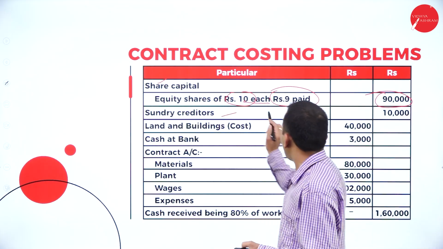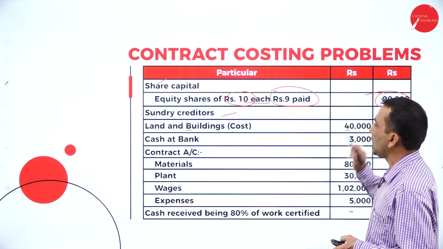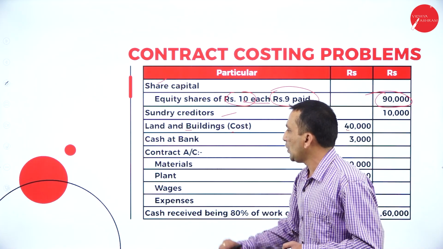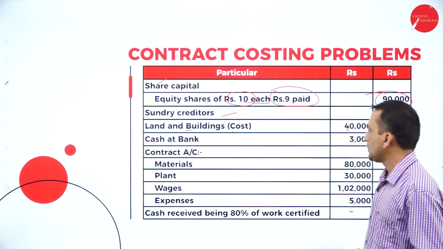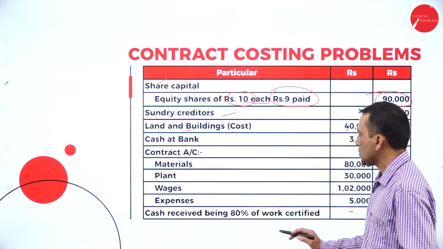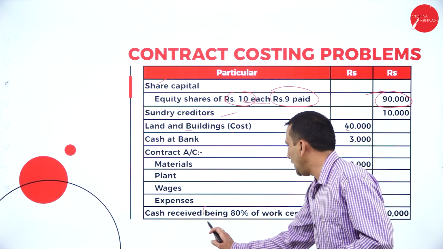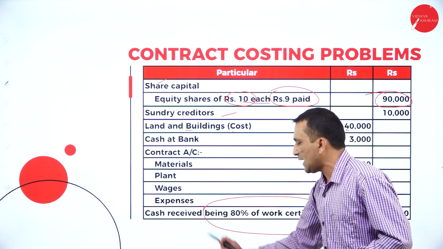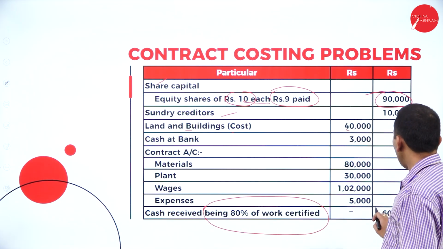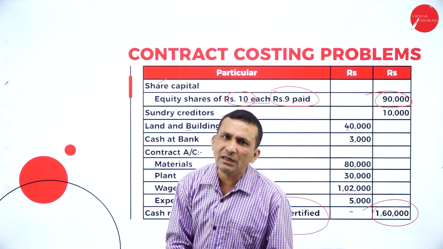Now sundry creditors 10,000, land and building cost 40,000, cash at bank 3,000, contract account material 80,000, plant 30,000, wages 1,02,000, expense 5,000, cash received being 80% of work certified, the cash received from the contractee, 1,60,000, which is excluded. Now we need to include it.